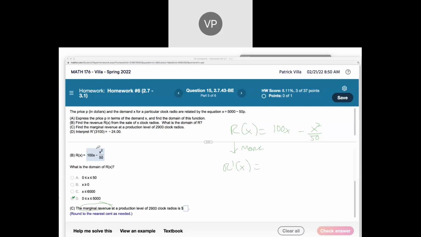Okay, so the derivative is just plain 100 minus 2 over 50x. So I'll clean that up a little bit and say the marginal revenue is 100 minus 1 over 50x. So now we're going to plug in the 2,900 into that. We want to find R prime of 2,900.